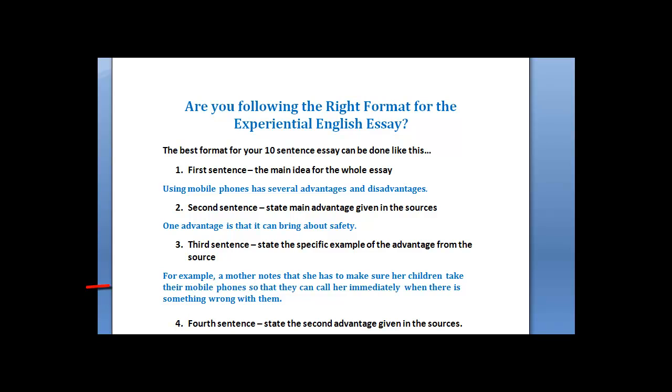In the third sentence, we need to explain that idea more clearly, in more detail, by giving more specifics, giving the example, or whatever details are included in the source. In this case, we have written, for example, a mother notes that she has to make sure her children take their mobile phones so that they can call her immediately when there is something wrong with them.